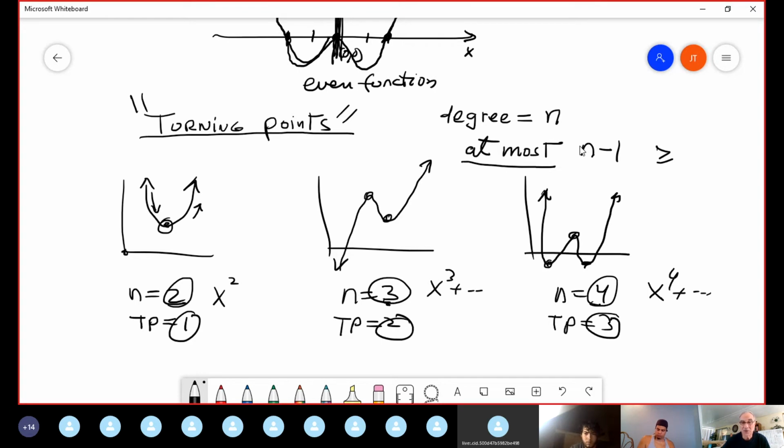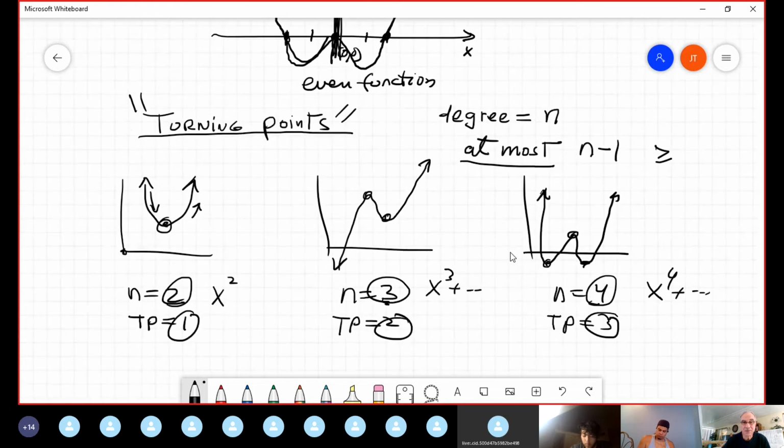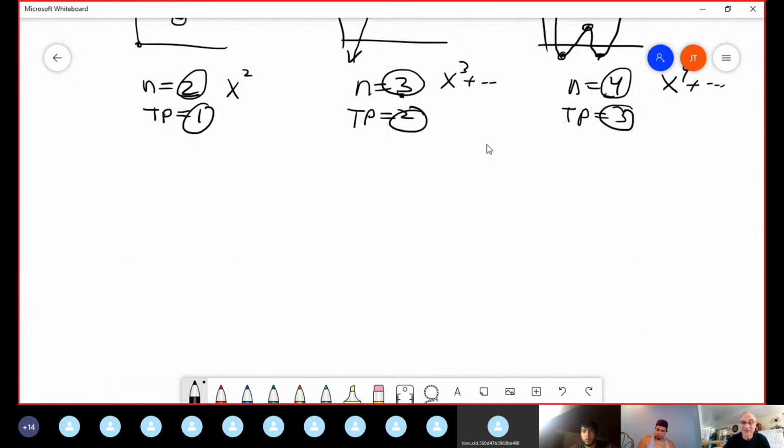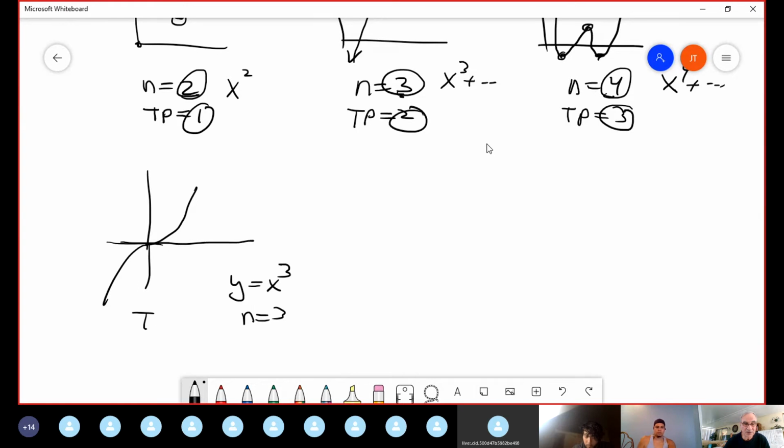Okay? Why? Because sometimes it happens, for example, the classical example of the function y equal x cubed is degree 3, n is 3. However, when you are doing the graph of this, it looks like that. And the turning points is 0. We have no turning point.